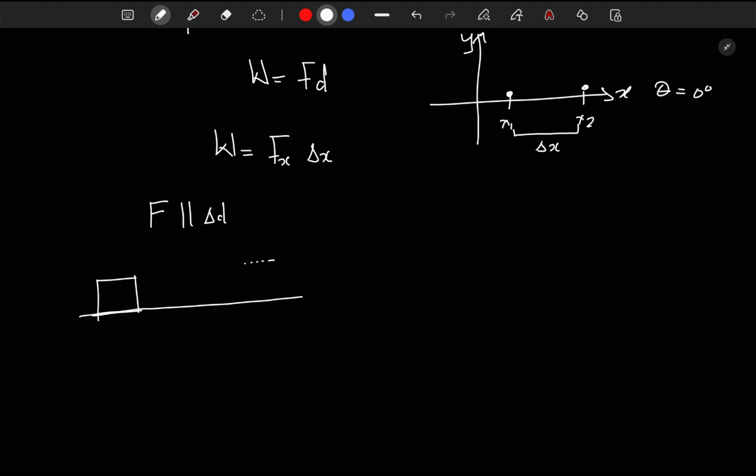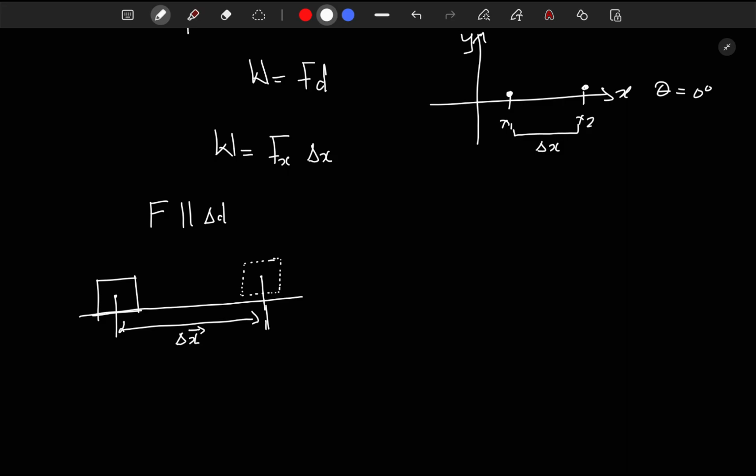The box makes a displacement and finds itself there. Let's call this delta x, in that direction.